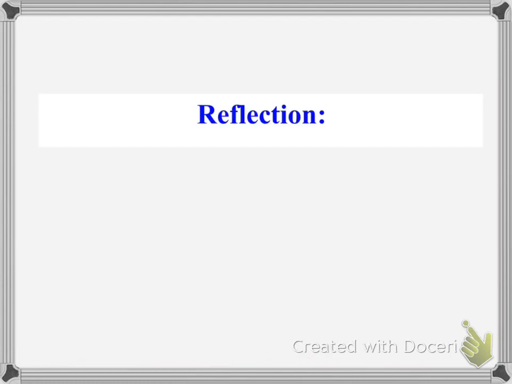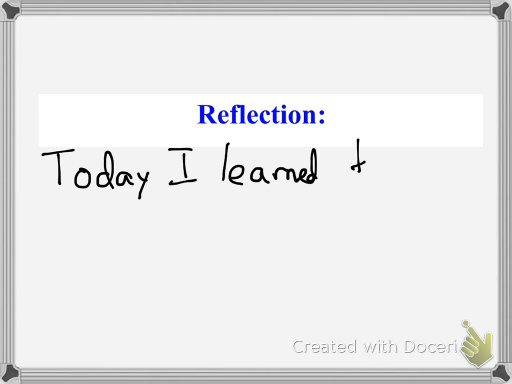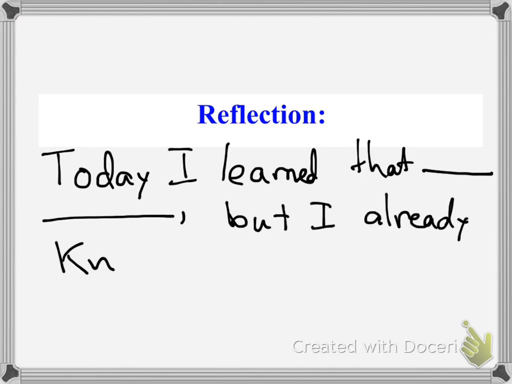Okay, so now it's time for you to do your reflection. One thing that you did right and one thing that you did wrong. And I want you to use this sentence starter. I want you to start with, today I learned that, tell me what you learned, and then I want you to tell me, but I already knew that blank.